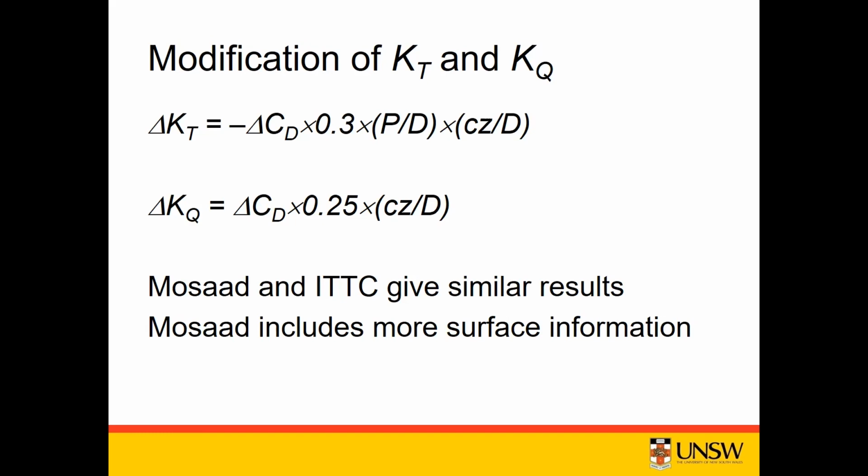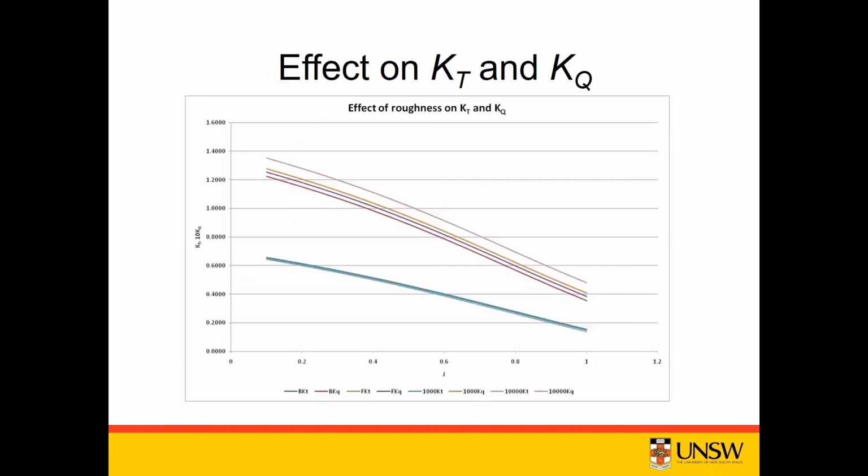As I said, MOSAD and ITTC both give similar results, except that MOSAD includes more about the surface information. Now, many moons ago, I had one of my thesis students do quite a bit of work on the roughness of the hull and the roughness of the propeller.